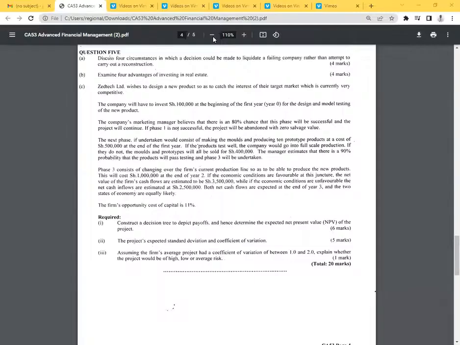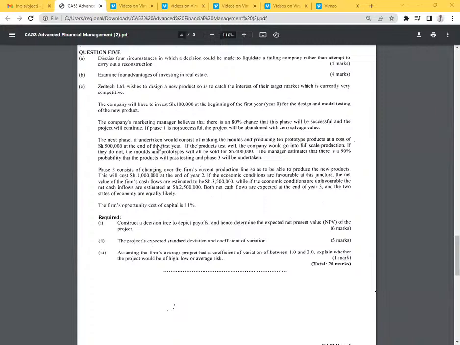Great. So I believe, ladies and gentlemen, that you have attempted it, and now Mwalimu should be able to simply finish it off. So what are we told here? DCL Limited wishes to design a new product so as to catch the interest of their target market, which is currently very competitive.